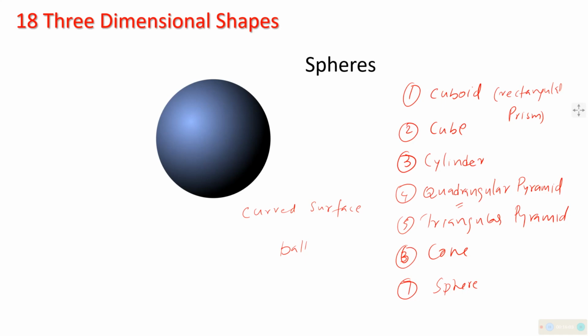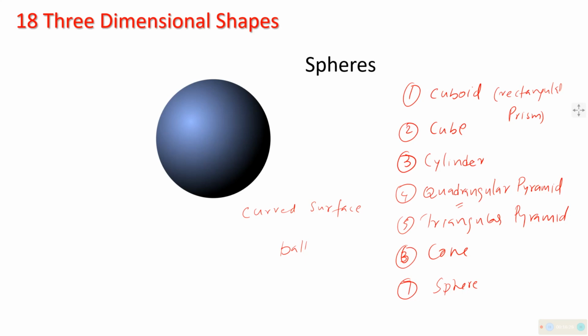So the concept of the shapes of three-dimensional objects mentioned in your textbook, you should be thorough with. The naming of these three-dimensional figures also has its own peculiarity. We call it a quadrangular pyramid when there is a 4-sided base, and a triangular pyramid if there are 3 sides, and if there are 5, what will be the name?